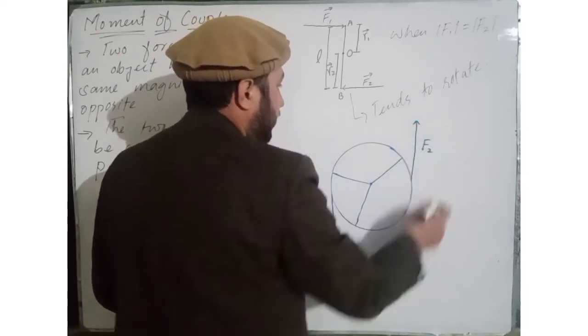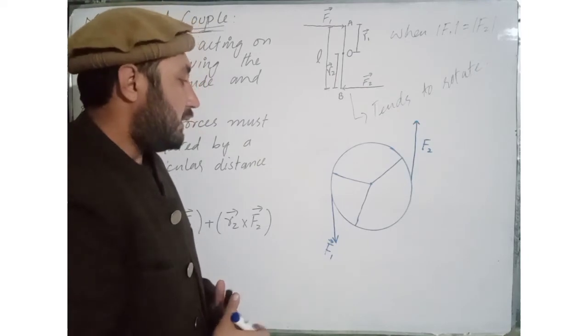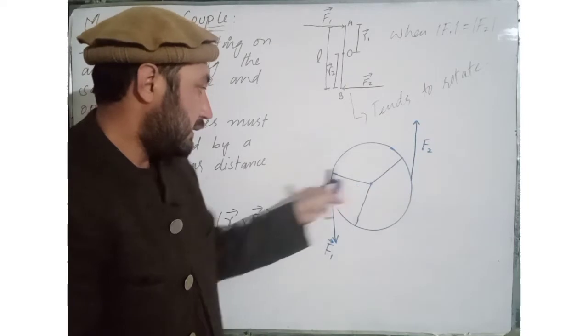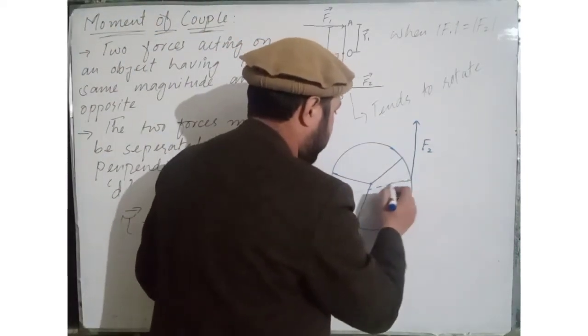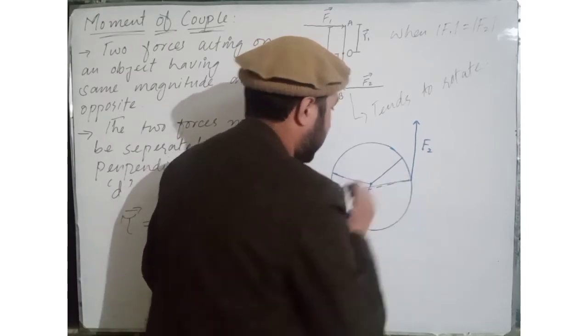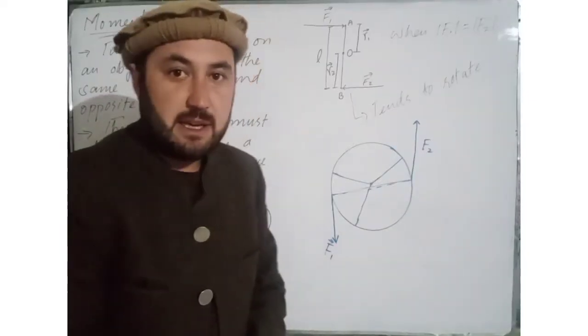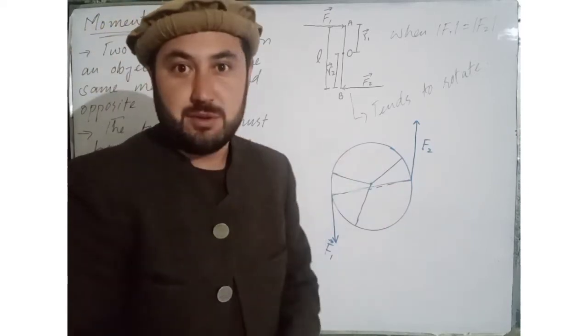Both these forces may have the same magnitude, there is a perpendicular distance between them, and they act in opposite directions. Due to such a couple, a turning effect is produced, right?